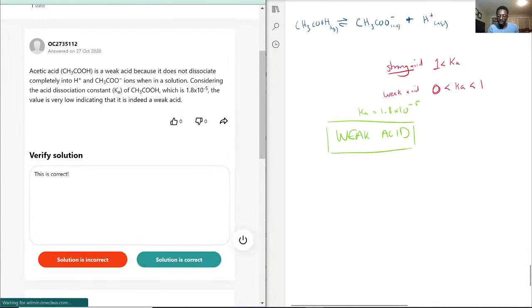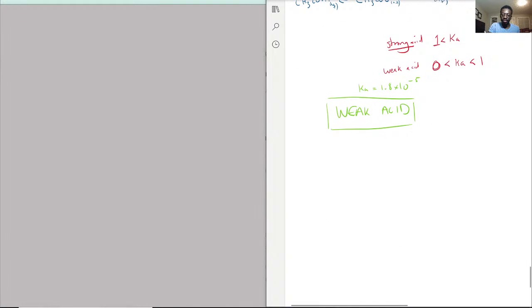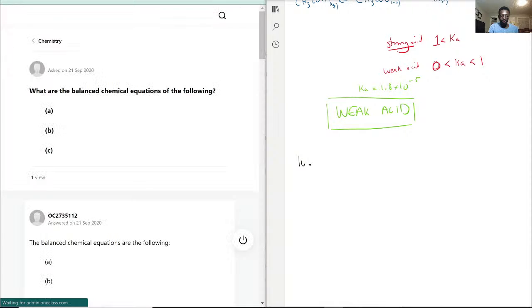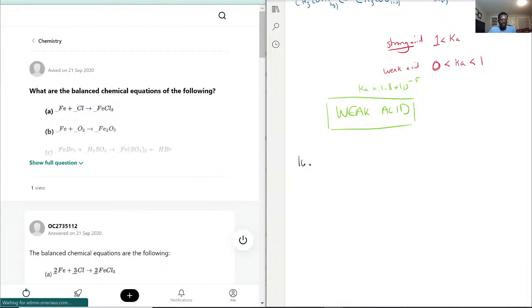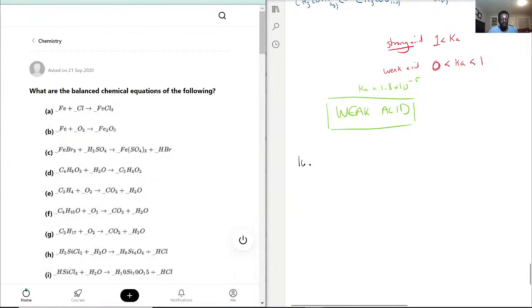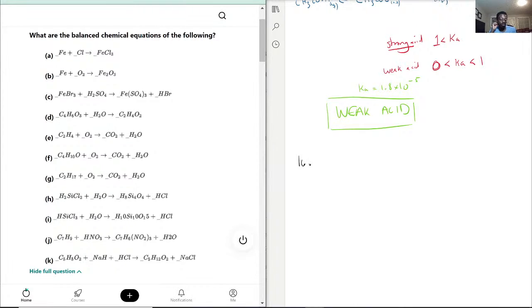Okay, so now let's move on to question 16 here. What are the balanced chemical equations for the following? Oh wow. Oh indeed. This is going to take us a little bit of time. So, with that being said, balanced chemical equations for the following.